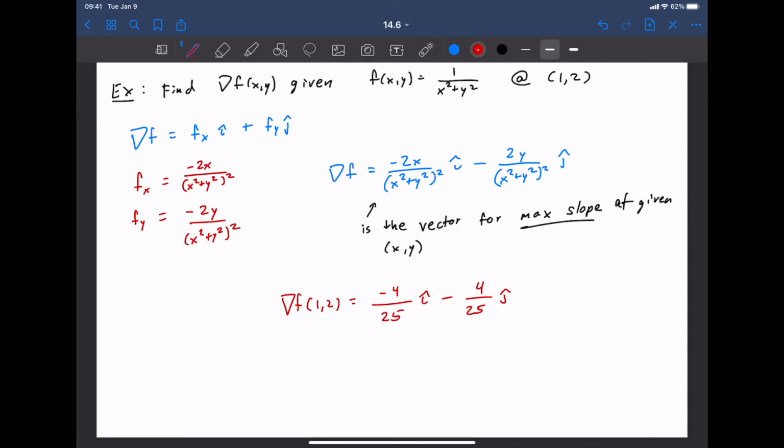That is the direction I would walk on this surface at 1, 2 in order to achieve the greatest rate of change in my height per time, per effort. If I wanted to move the least and get the most elevation change, that's the direction I would go: negative 4 over 25ths in the i direction and 4 over 25 in the j direction.